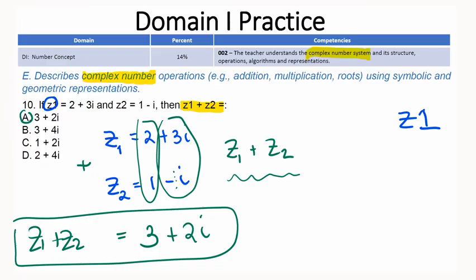Focus on conceptual understanding. In this problem, the conceptual understanding is I need to add these two. That's basically your conceptual understanding. Procedural fluency is what we're doing right now, like this adding. So if you know your goal, even if the problem looks complicated, you can get around it.